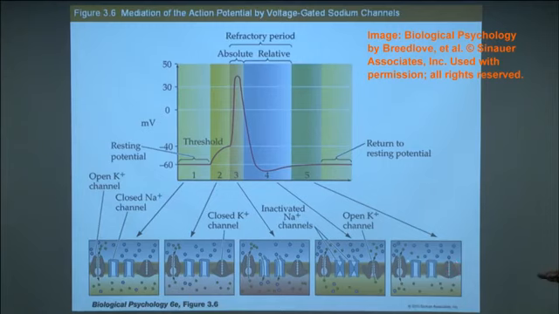They close as well, and you're left with a situation kind of like this, but now you have more sodium on the inside and less potassium on the inside, and this is where your sodium-potassium pump starts to work to bring everything back to equilibrium.